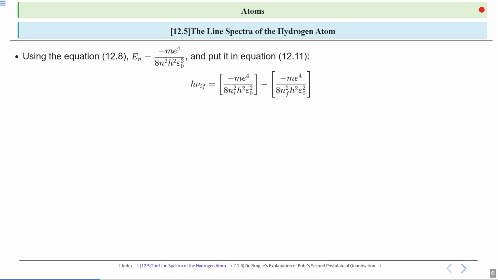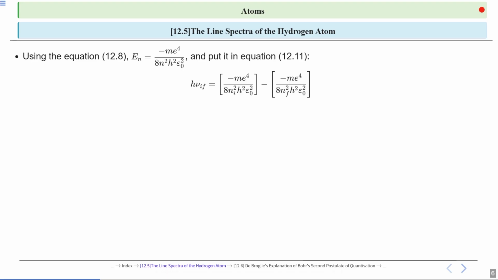Now let's look at what happens when an electron jumps from one energy level to another. The equation here shows the energy difference between two levels, Ni initial and Nf that is final level. Notice that we subtract the energy of the final state from the initial state, which gives us the energy of the photon emitted or absorbed. This energy is equal to h times nu if, where nu if is the frequency of the emitted photon.